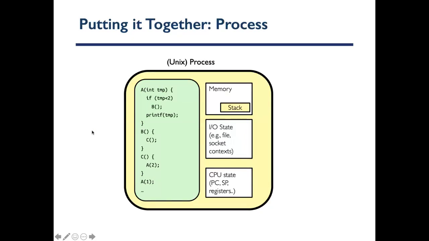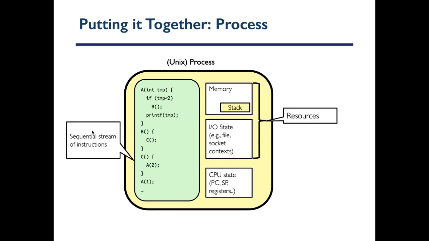So this is putting it all together, just as an example. We chose Unix processes here for this example. Let's say you have this code that you're running, and you have your memory, you have your I/O state, you have your CPU state. The whole thing is basically your process, what it means to have a process. This is a sequential stream of instructions.